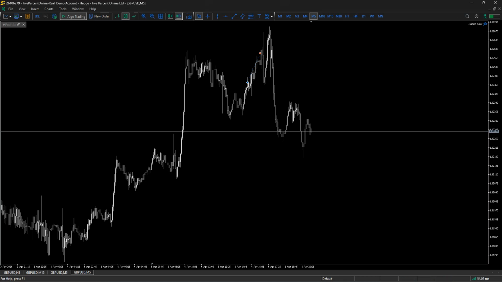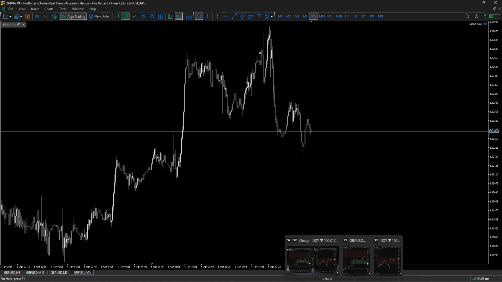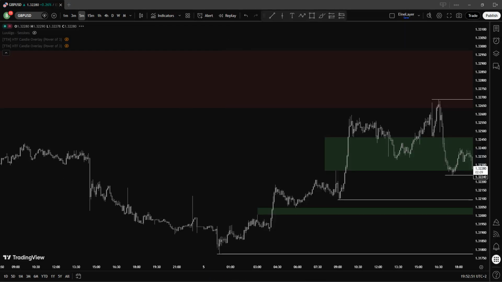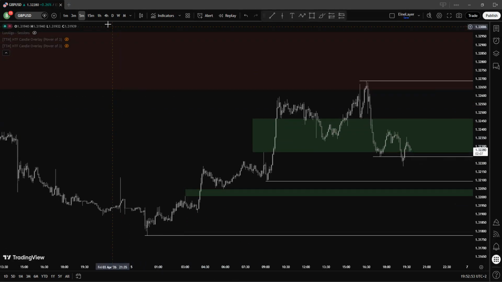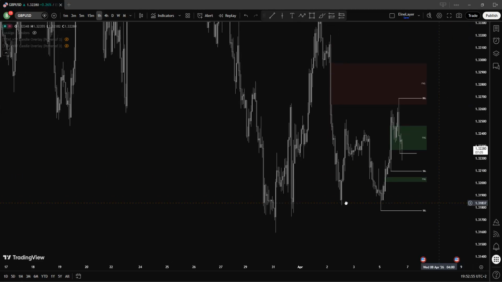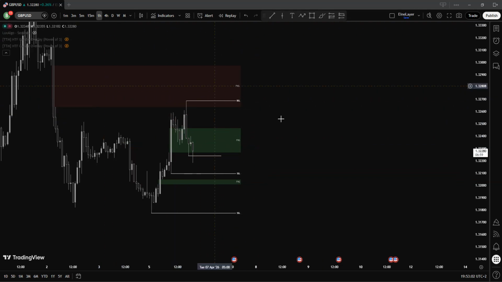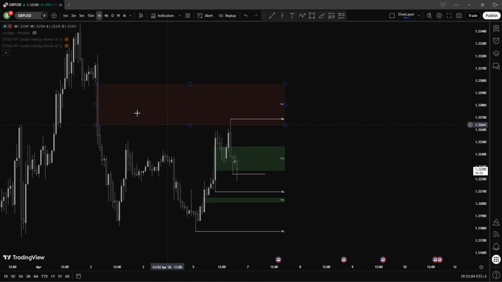Let's explain some things first. I was watching the price, and today's trade was on the 1 hour higher time frame. First things first, we marked all the highs and lows.